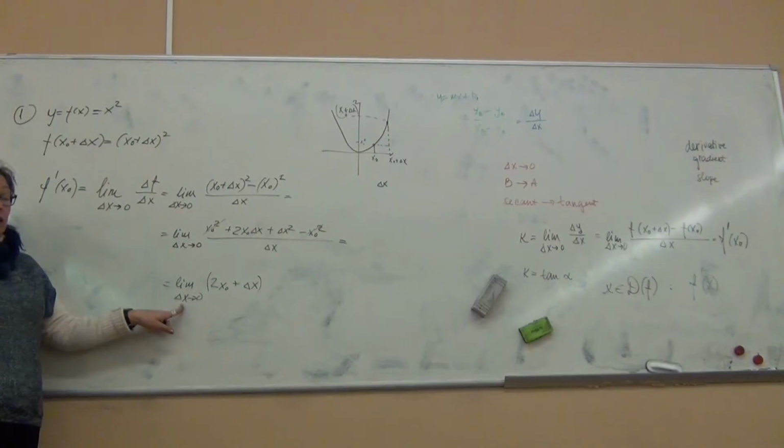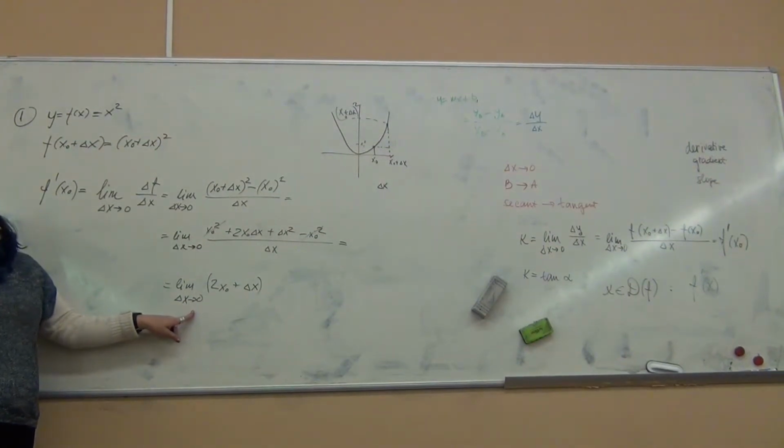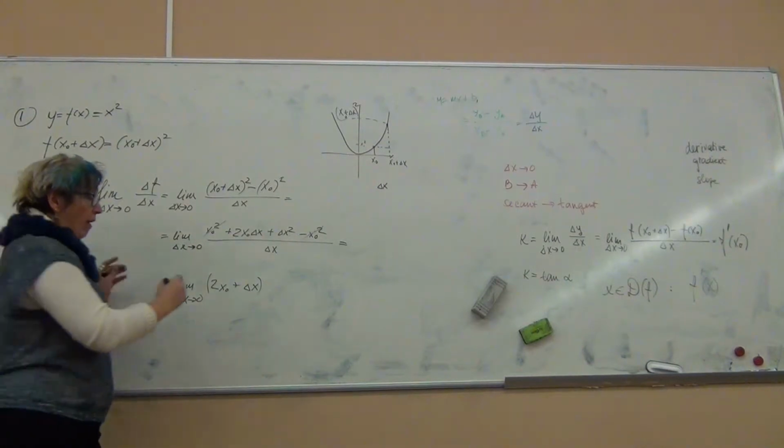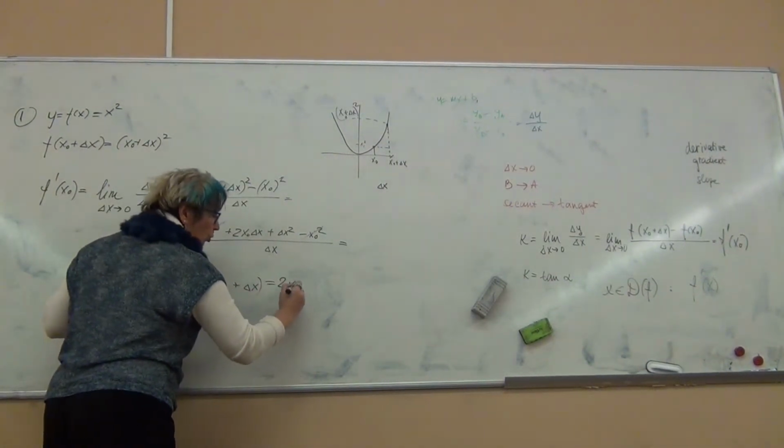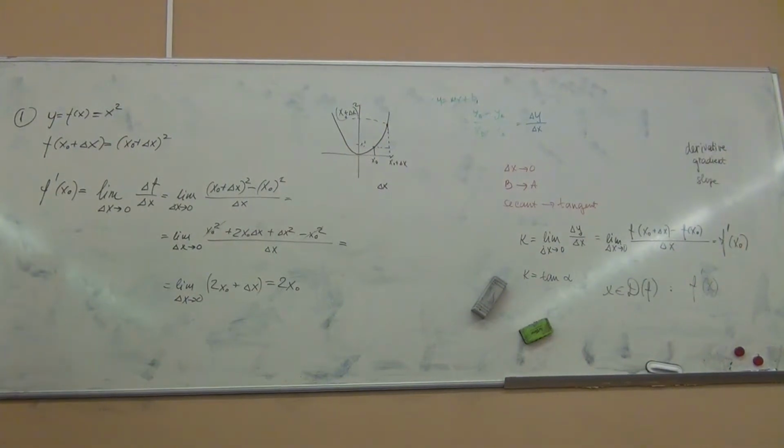And now, if delta x tends to 0, this is the thing that changes in this limit, then the value of this limit will be equal to 2x0. Because we are considering the fixed point x0 of this function.